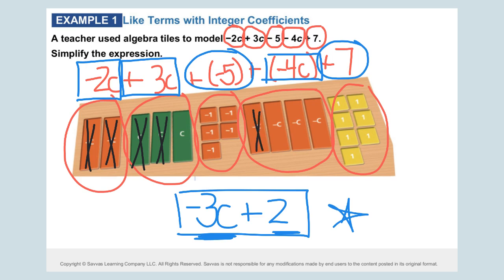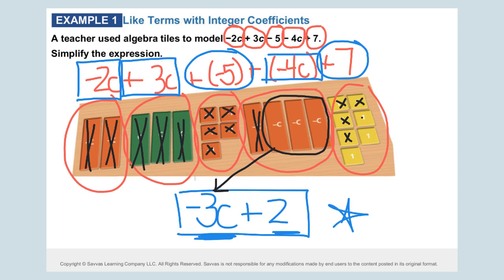One negative c and one positive c cancels out, and then there's no other c's. Look, that's where my negative 3c's came from. I can do the same thing with my squares. Negative 1 and positive 1 cancel. Negative 1, positive 1, cancel. These are called zero pairs because together they make 0. And I'm left with 2.